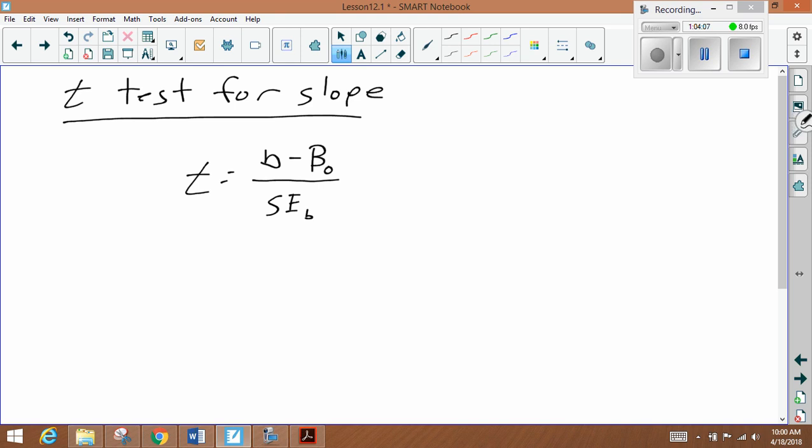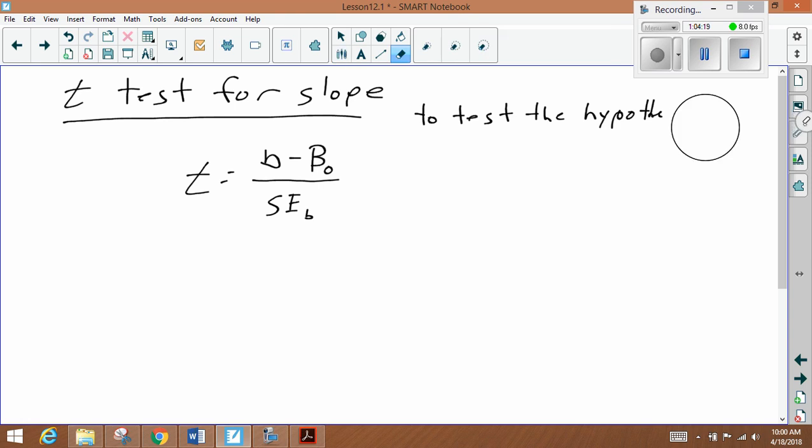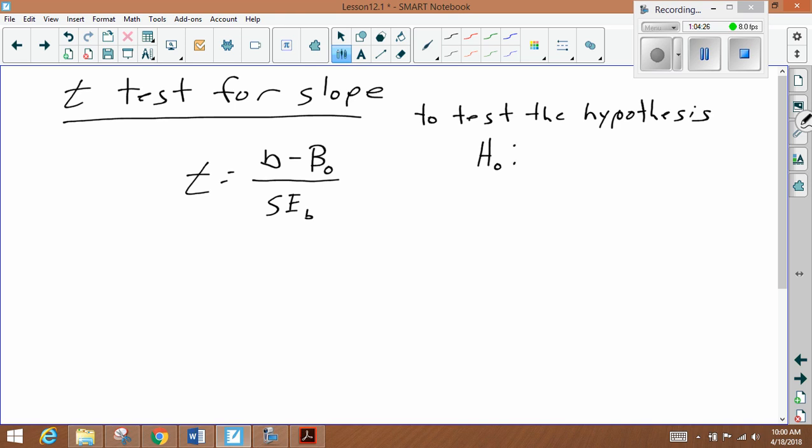Right? And we are going to be testing the hypothesis that our parameter for the slope of our regression line is equal to some hypothesized parameter.